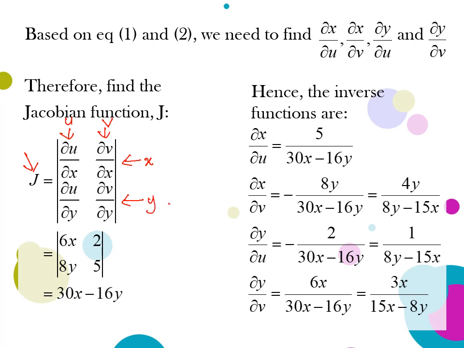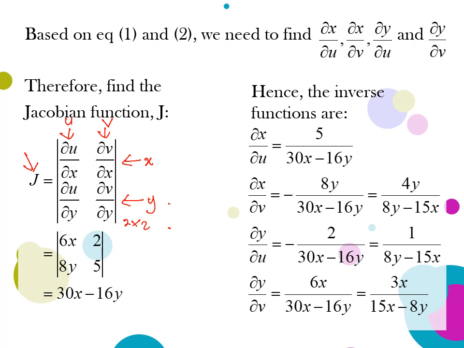Okay, so just involve u and v here for the Jacobian. Alright, because what you need is just del x del u, del x del v, del y del u, and del y del v. There's no need to find del z. So that's why the Jacobian only involves two functions.